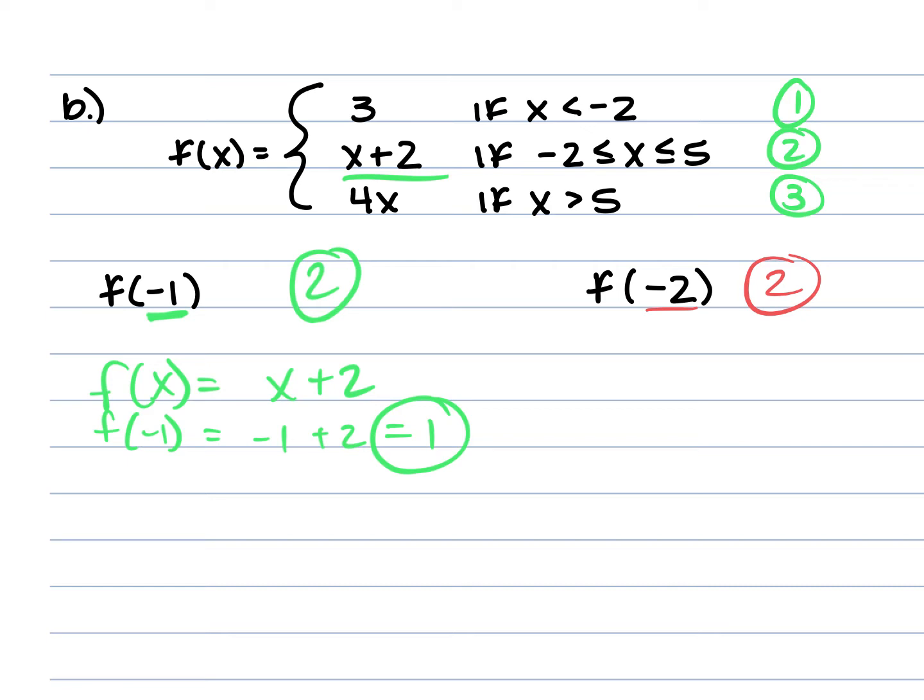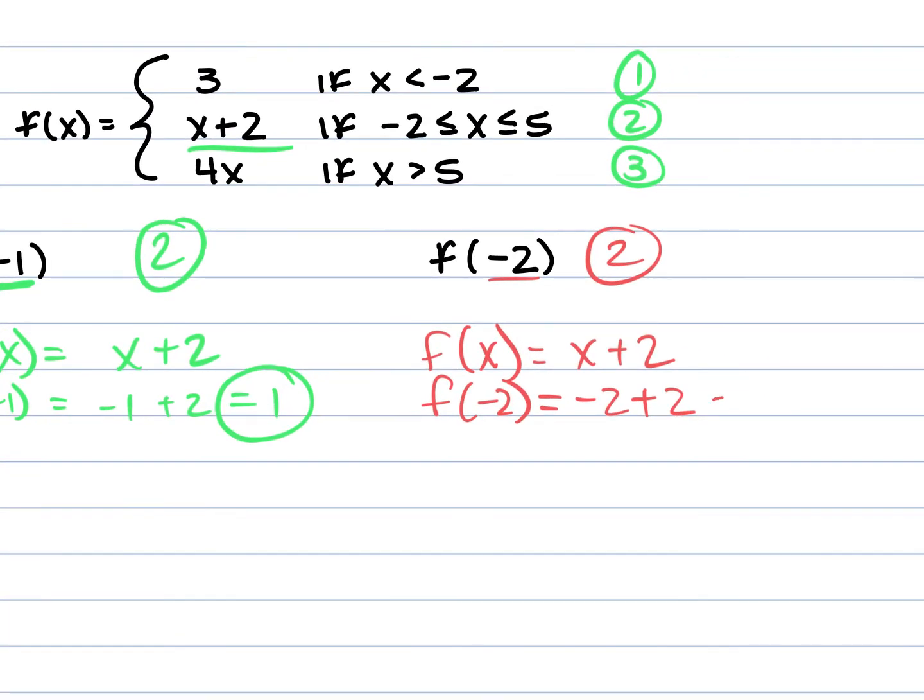But if you put it here, is negative 2 smaller than negative 2? No, it's the same. So since there's no equal sign here, it doesn't belong to piece number 1. It belongs to piece number 2. So if it belongs to piece number 2, our equation is still f of x equals x plus 2. And we plug in negative 2. So f of negative 2 equals negative 2 plus 2, which is 0.